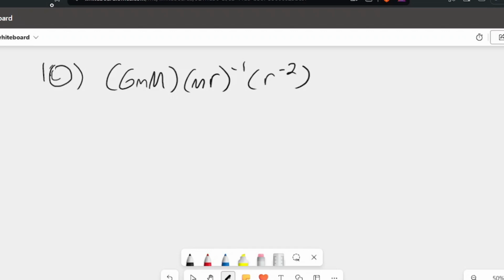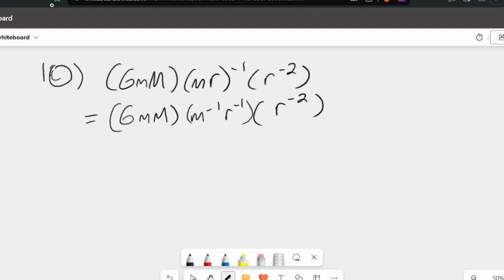The parentheses are just to make the problem look a little nicer. But okay, so we leave this alone. We don't do anything here yet, but power to a power, so we have m to the negative 1, r to the negative 1. We leave this alone for now.